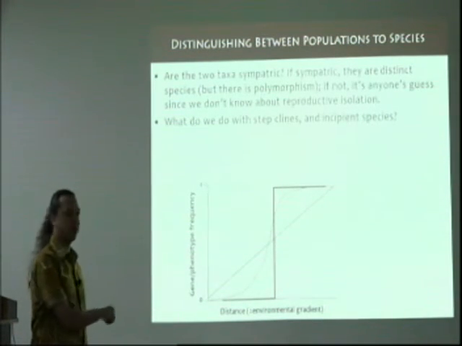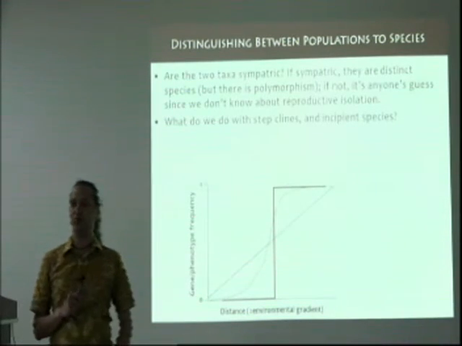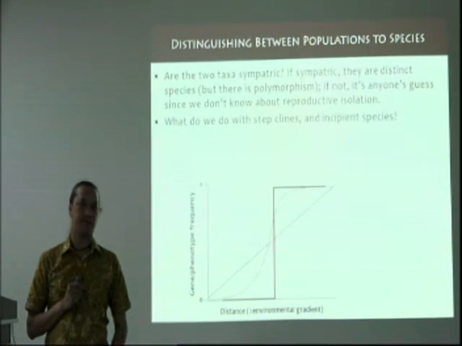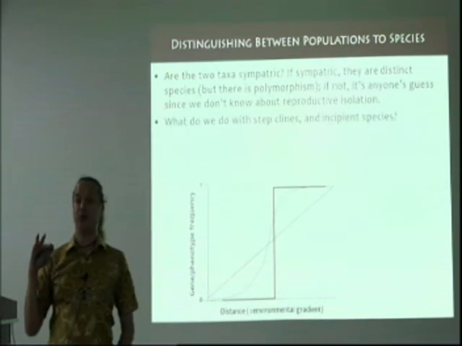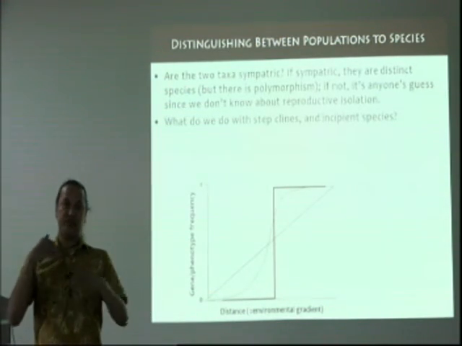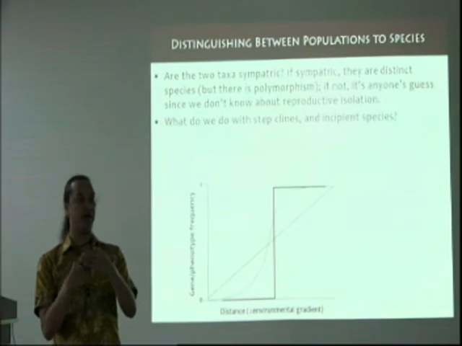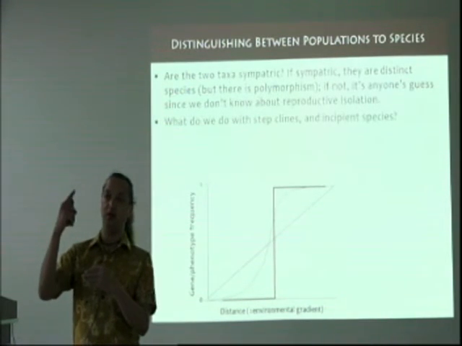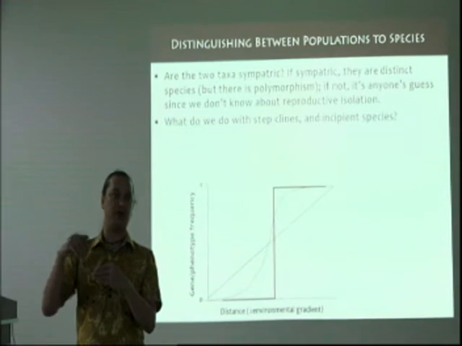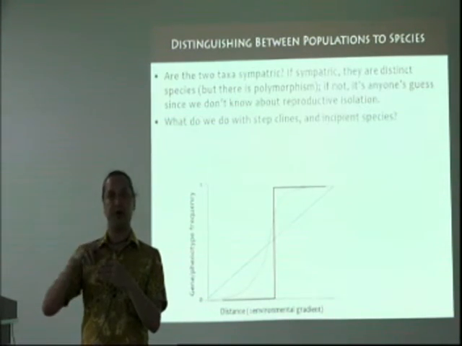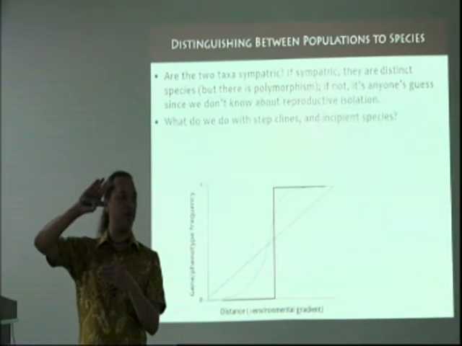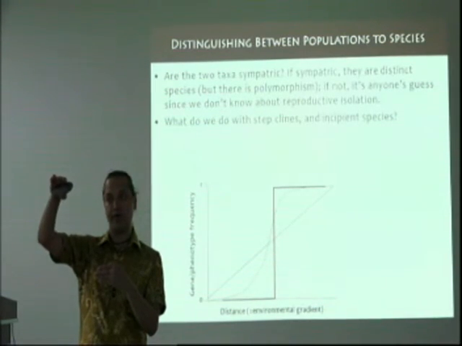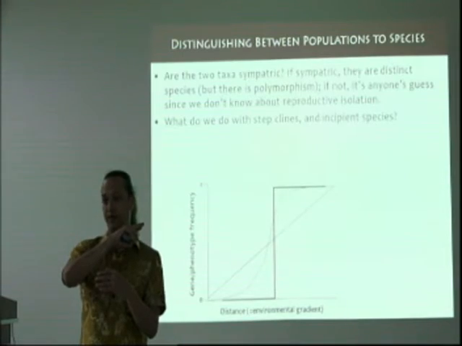Can you imagine scenarios in which you will get that? So if you have some thresholds, up to that threshold you get one phenotype and there is a very rapid change in the phenotypic outcome of that particular gene, let's say, or a particular environment. If you have thresholds, then you are going to get a very rapid switch to another phenotype, and that is going to produce step clines.